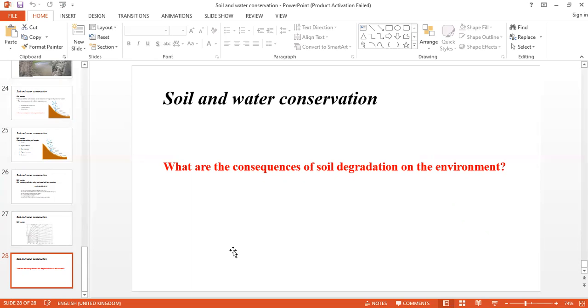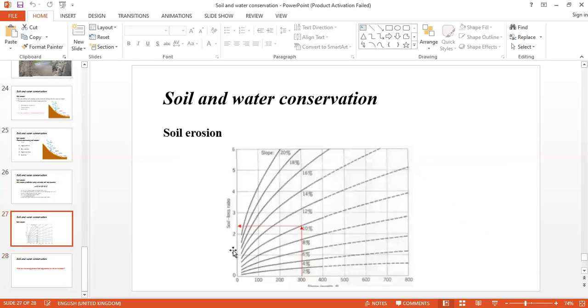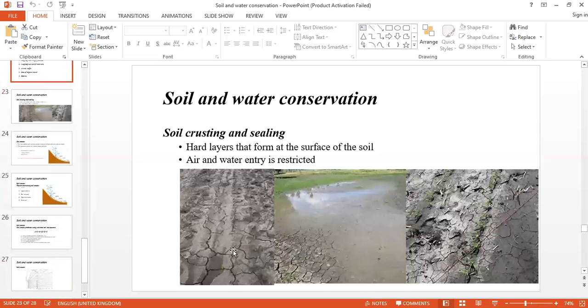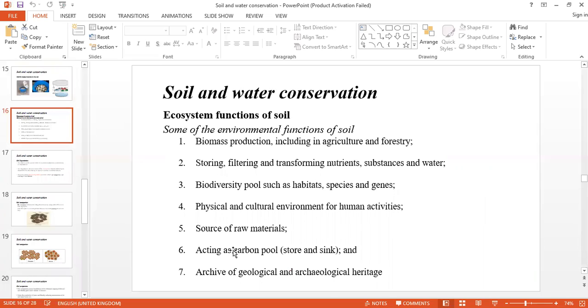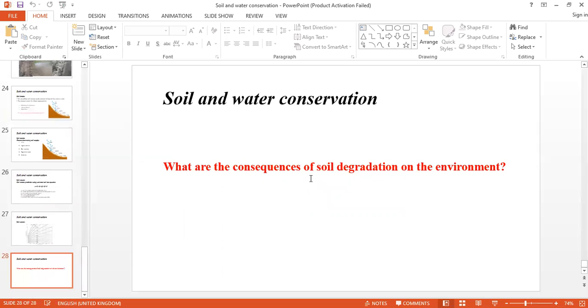So the consequence of this degradation is that it reduces these functions that we talked about. If the soil is able to perform these functions, it's a healthy soil. If not, it's a degraded soil. So the consequences of the degradation are the loss of those functions that we talked about.